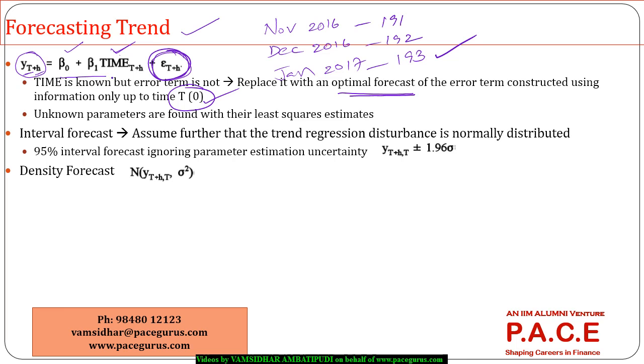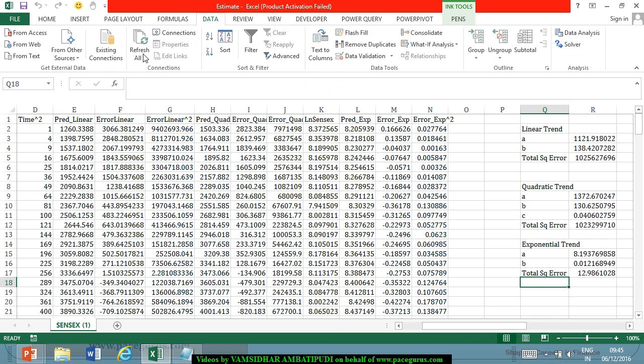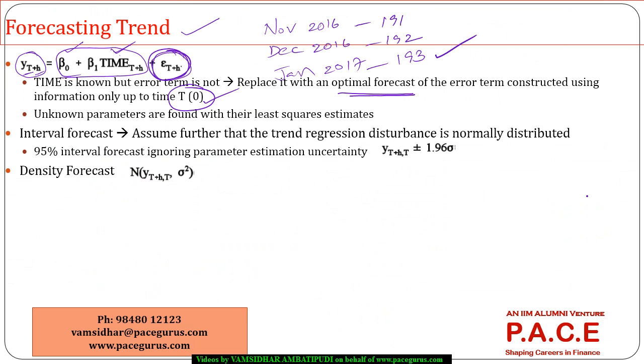So we will be using only the coefficients and their associated values. The unknown parameters are estimated through least square estimates. These are the coefficients for a linear model: beta naught, beta 1. For quadratic, beta naught, beta 1, beta 2. Similarly, exponential, beta naught and beta 1.